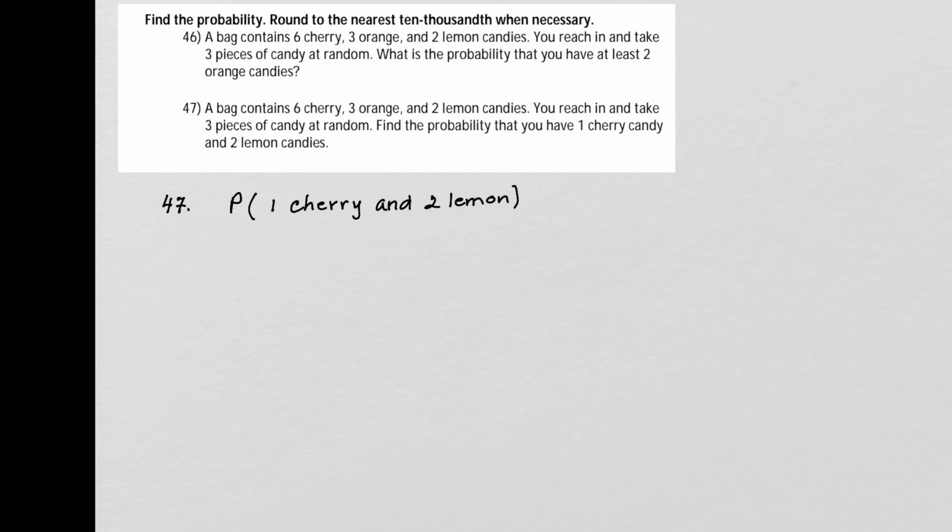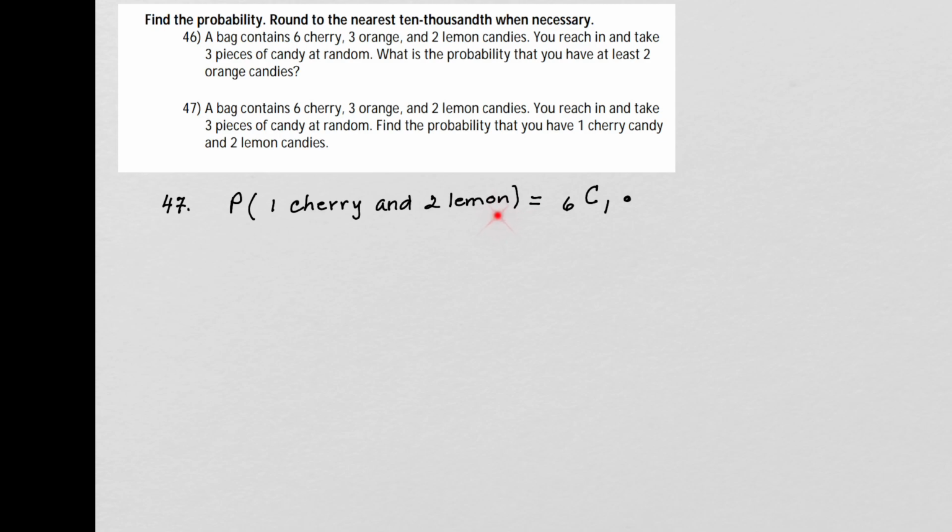In order to calculate this, I'm going to look at how many cherry there are. There are 6 cherries, and we want to get 1. So that's going to be 6C1, times, and now we look at the lemon.